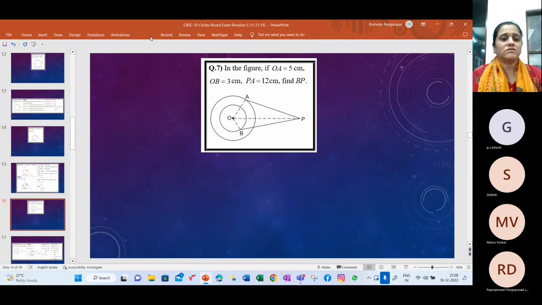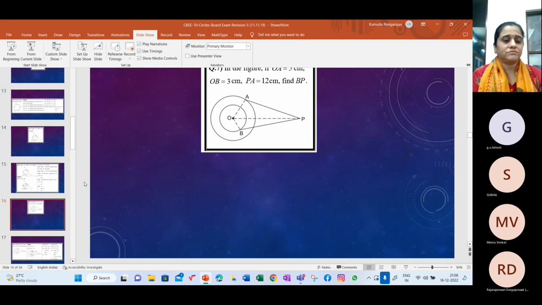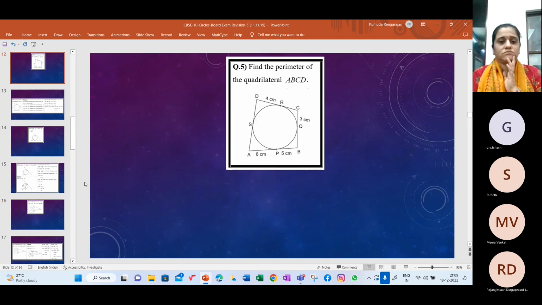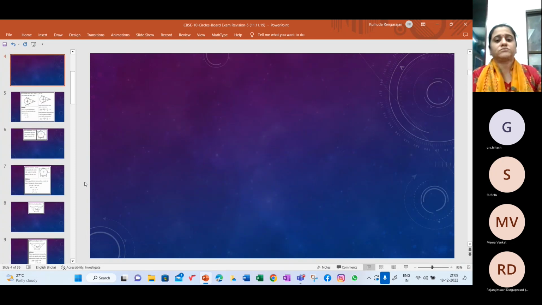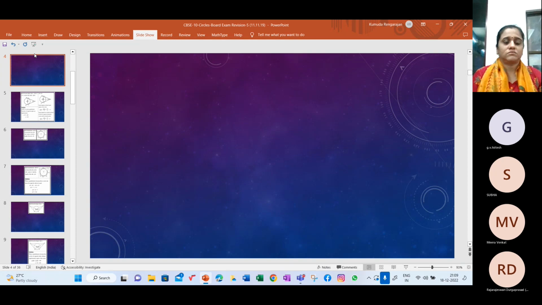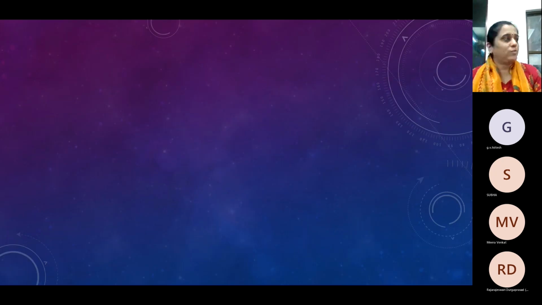We don't have the proof for it, but you can just use it to find the values of the unknowns in a figure.